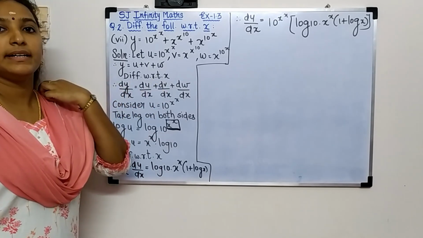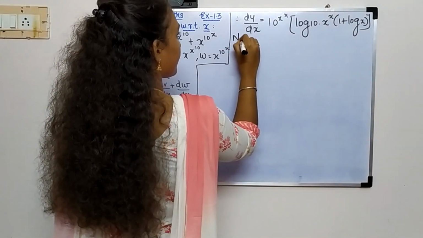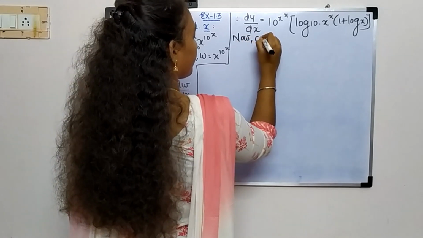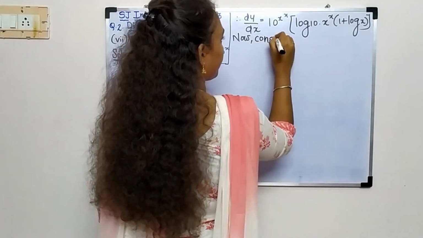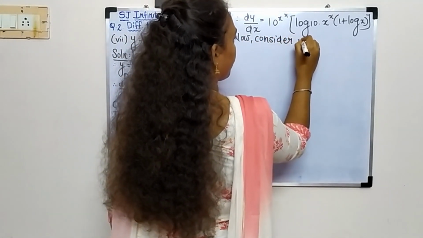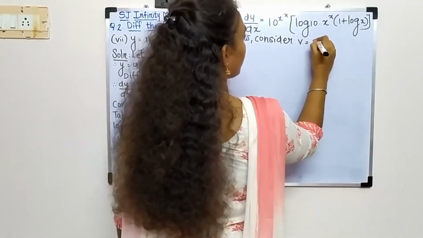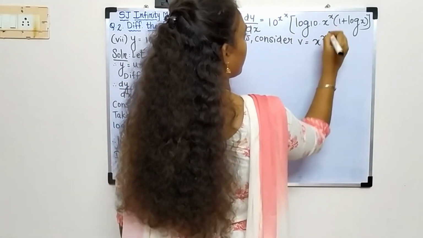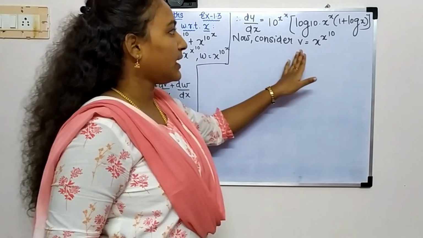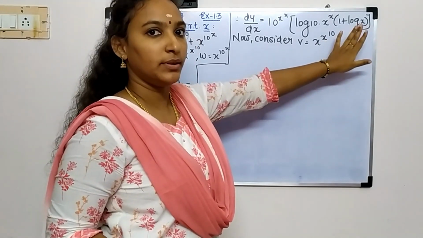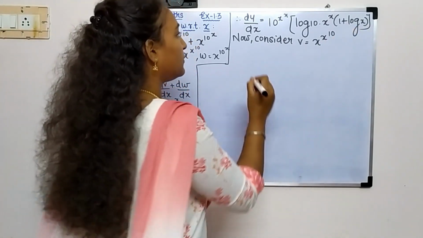Now let us consider v. So your v is x raised to 10. So let us take log on both sides.